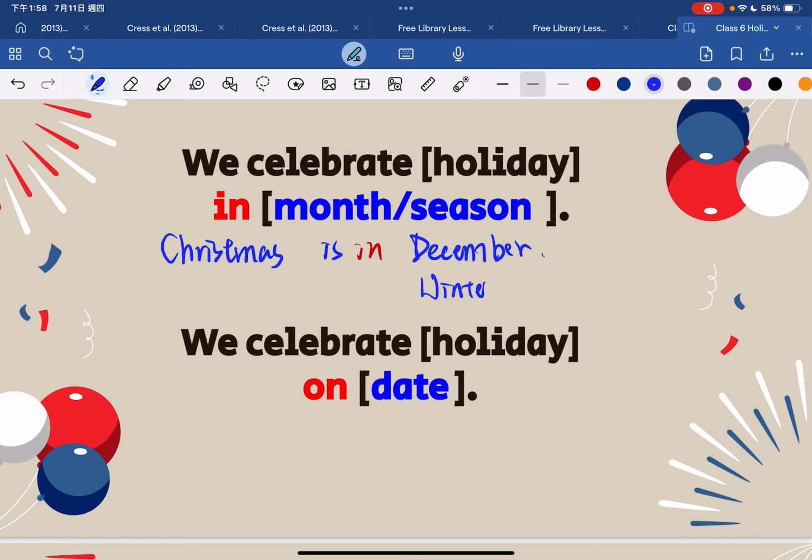Then if we are talking about a date, the specific day, then we use "on." For example, New Year's Day is on January 1st.